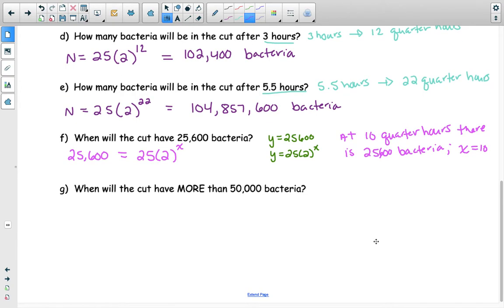So the last one says, when will the cut have more than 50,000 bacteria? So we would do the same thing. We would want to use Desmos. So we would want to have 50,000 is equal to 25 times 2 raised to the x. We would have y is equal to 50,000, and y is equal to 25 times 2 raised to the x.